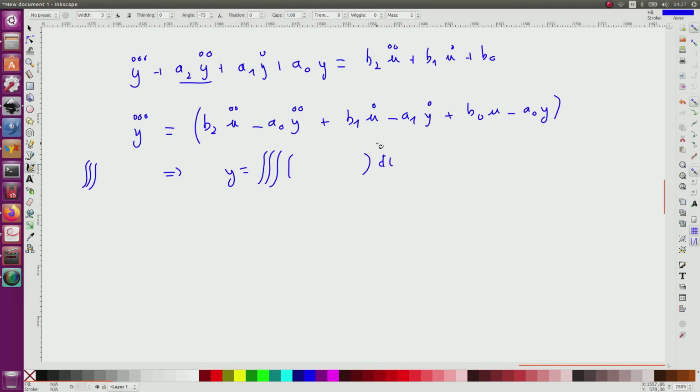Equivalently, the integral I can distribute, and I will get y equal an integral, a single one only, because I have the two derivatives, of b2 u minus a2 y.